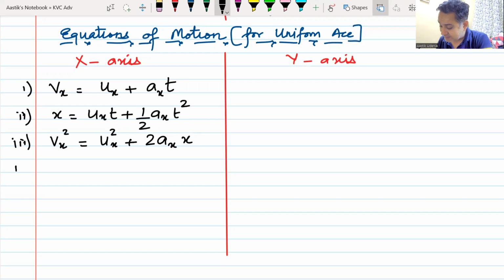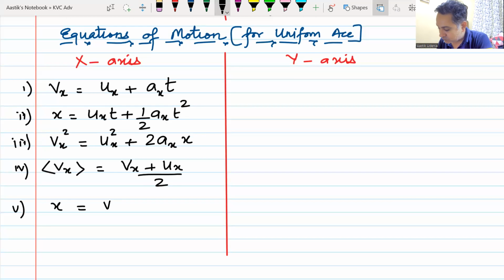I hope you all understand this. Fourth equation: the average of vx will be equal to vx plus ux divided by 2. The fifth equation: displacement x will be equal to vx plus ux divided by 2, multiplied by t.